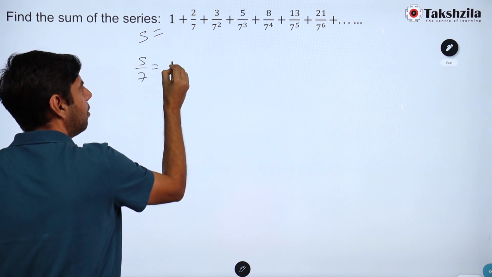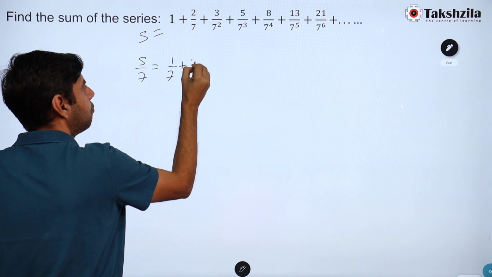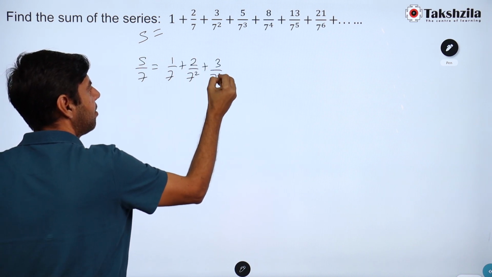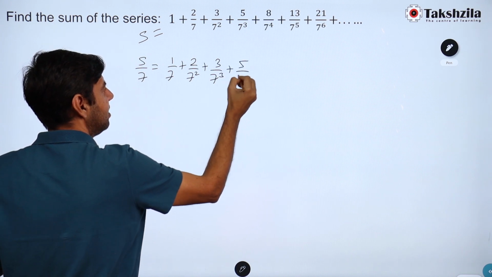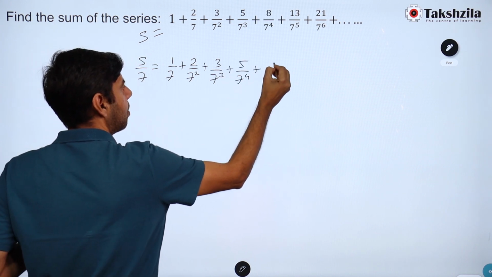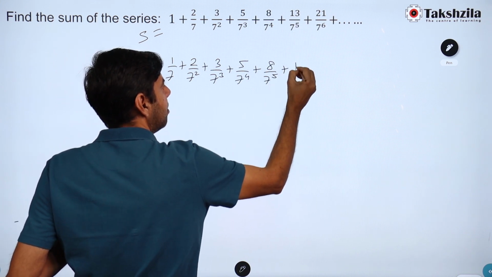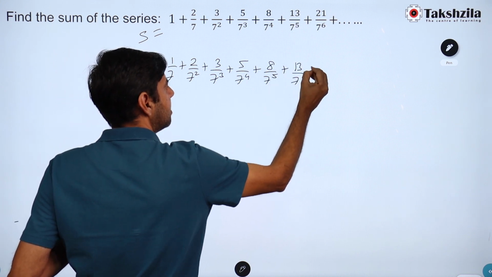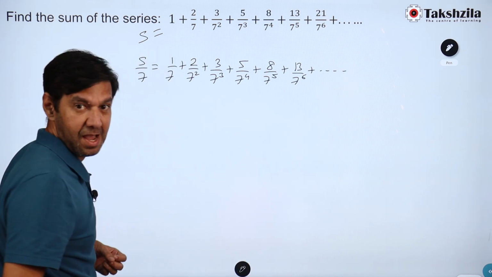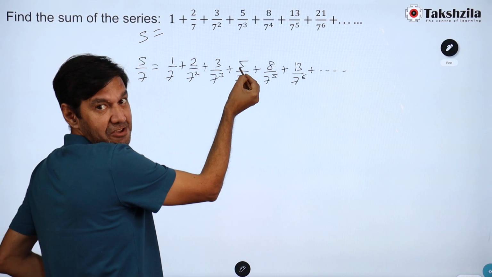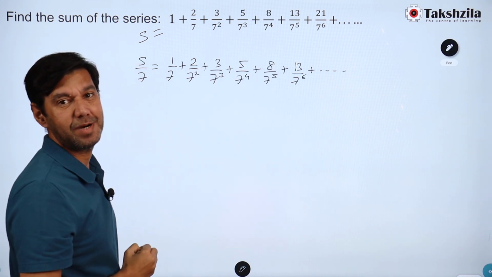Okay, so this will be 1 by 7, 2 by 7 square, 3 by 7 cube, 5 by 7 raised to 4, 8 is 7 raised to 5, 13 by 7 raised to 6, and so on. And I can get an 8 minus 5, but I also want an 8 minus 3.